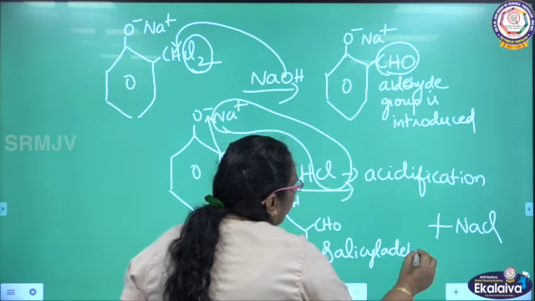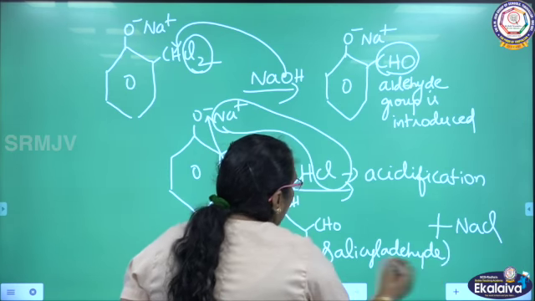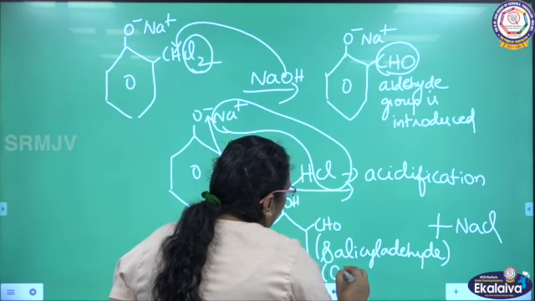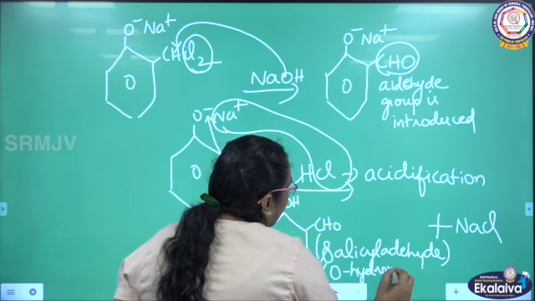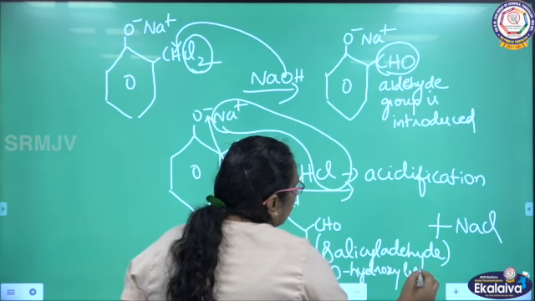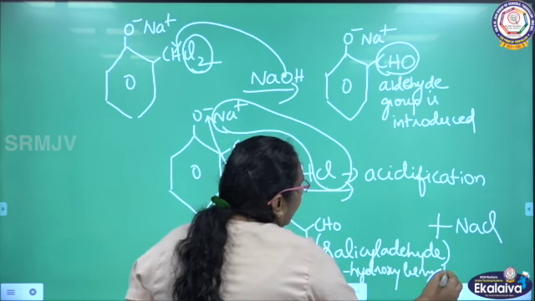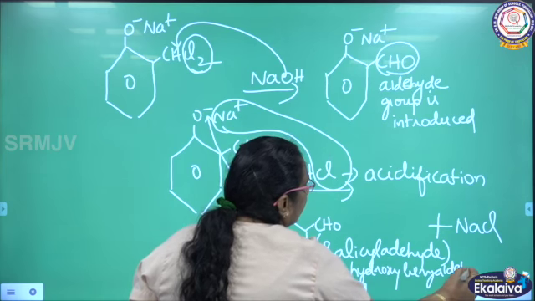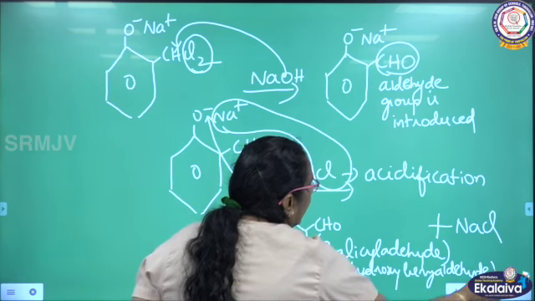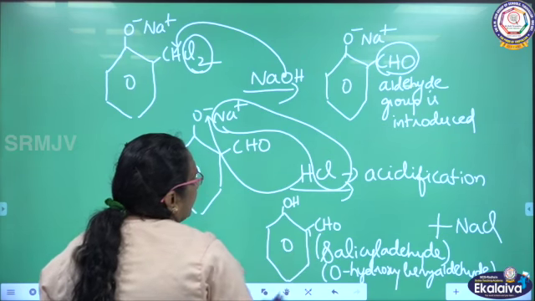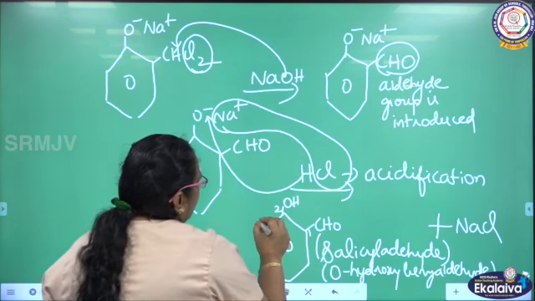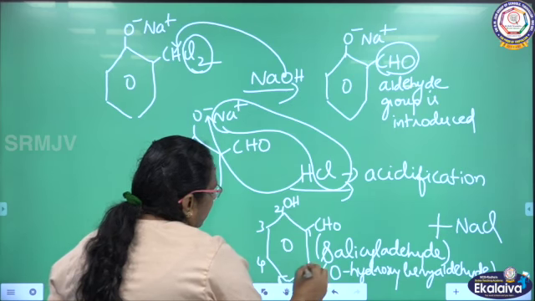Salicylaldehyde or orthohydroxybenzaldehyde. Listen here. This is benzaldehyde, so this is the parent, 1, 2, 3, 4, 5, 6.